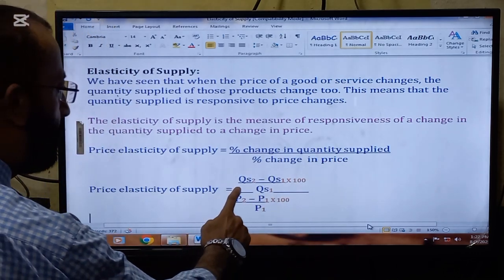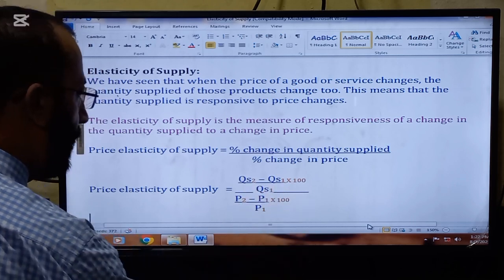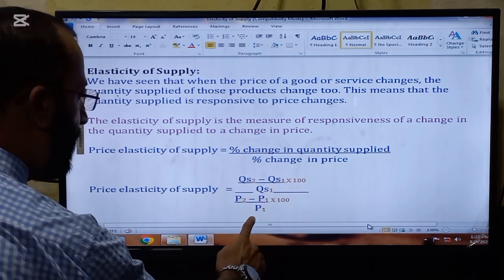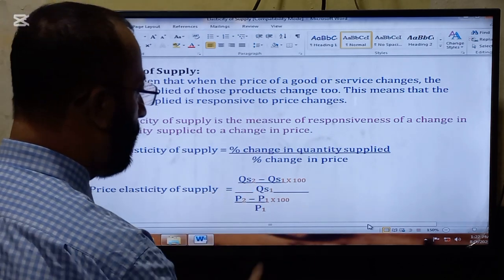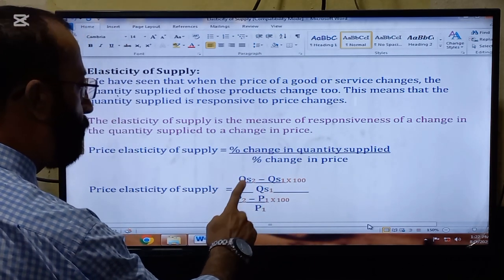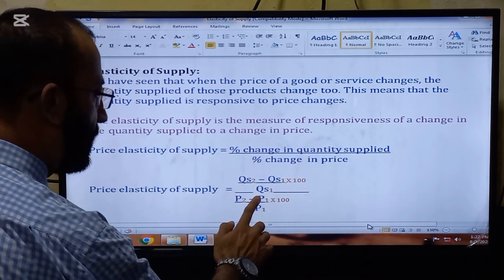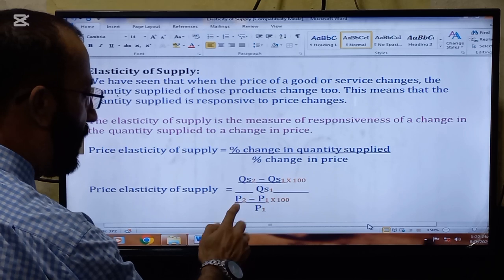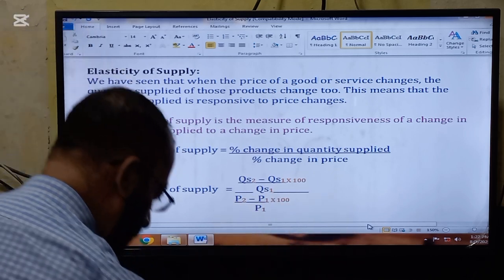That is equal to QS2 minus QS1 over QS1 multiplied by 100, over P2 minus P1 over P1 multiplied by 100. QS1 was the original supply and QS2 is the final supply. P2 is the final price, P1 is the initial price.